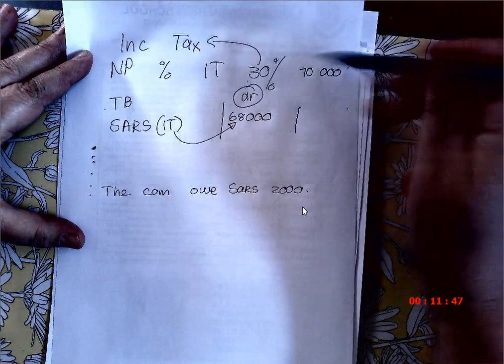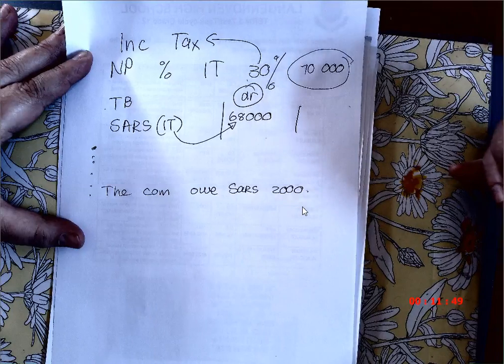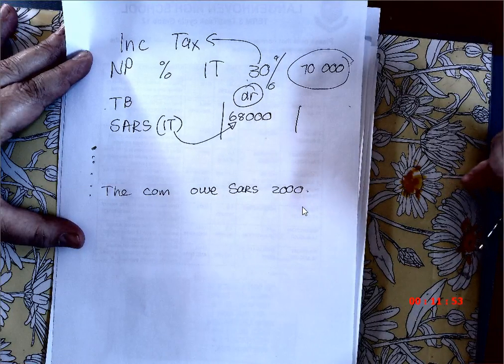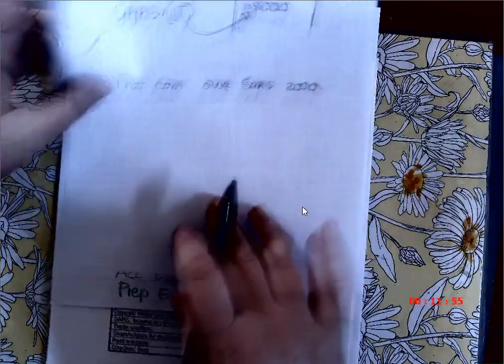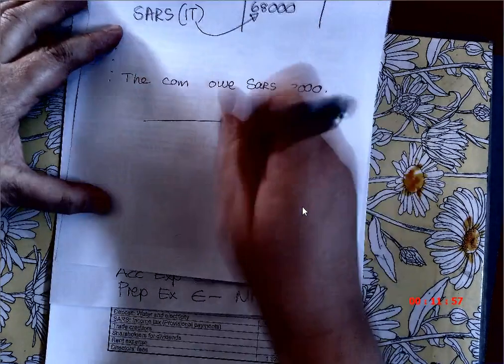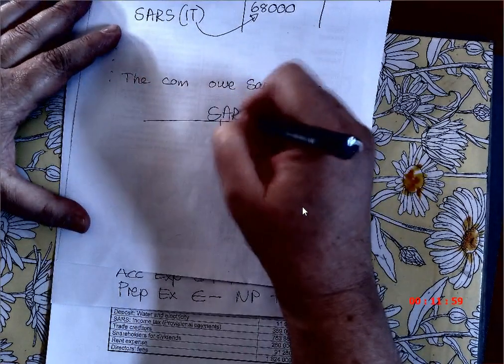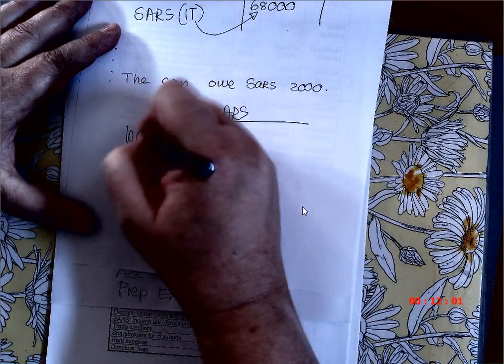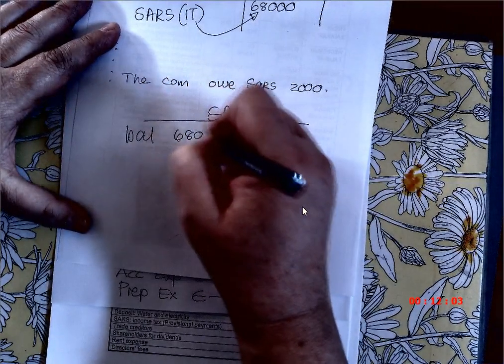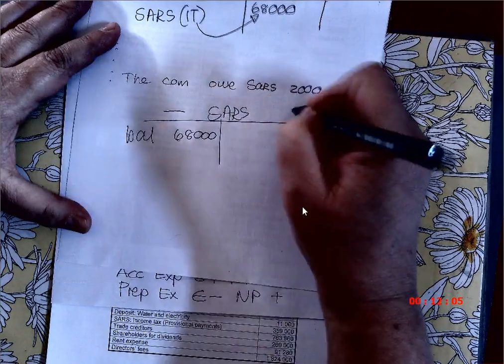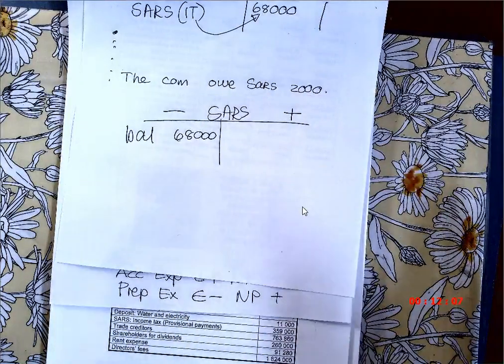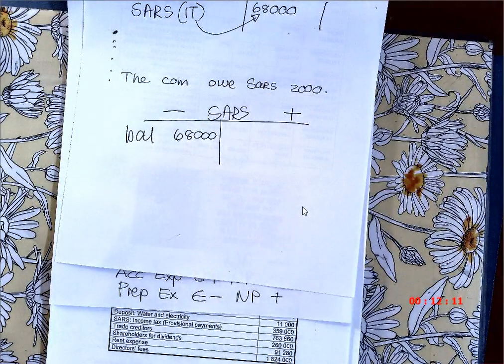So my income tax is 70. And must I go again? So if I draw the T for SARS, the T for SARS says at this stage I've got a balance of 68. So whatever I'm going to owe, I already paid 68 of it.